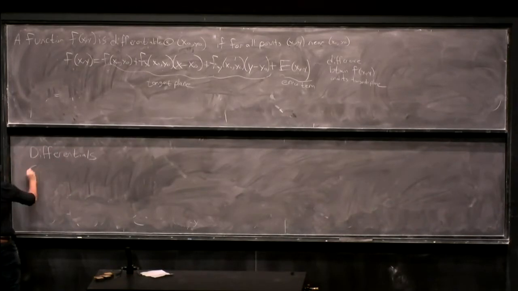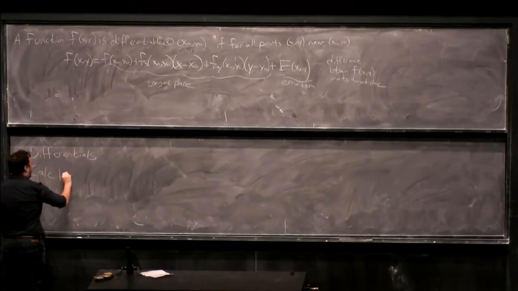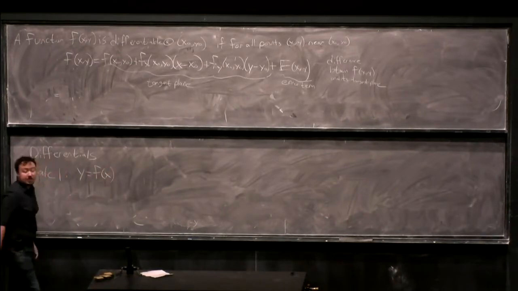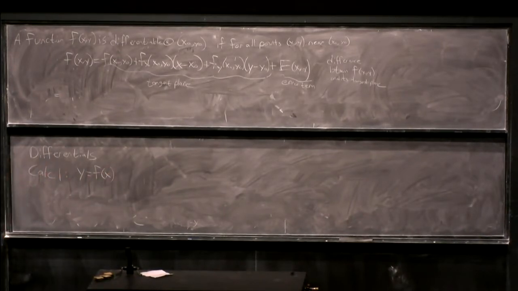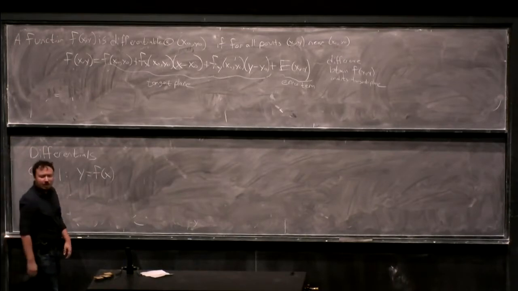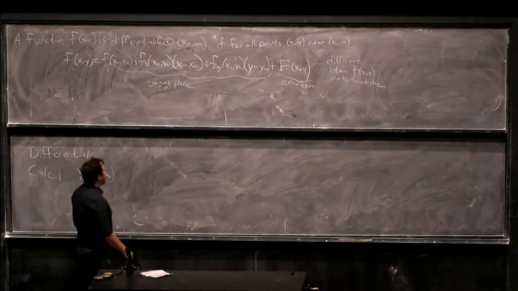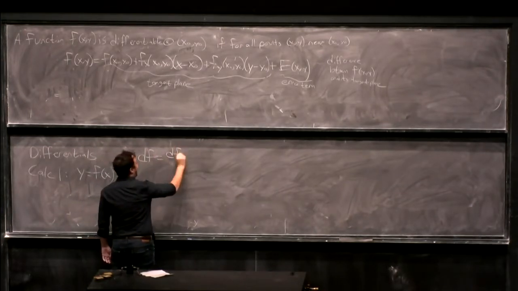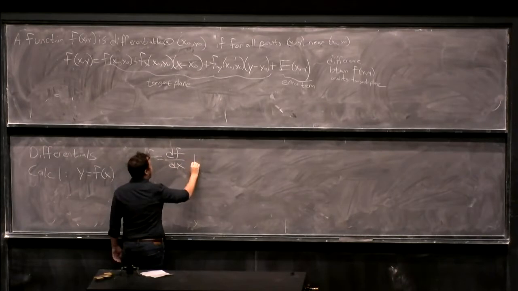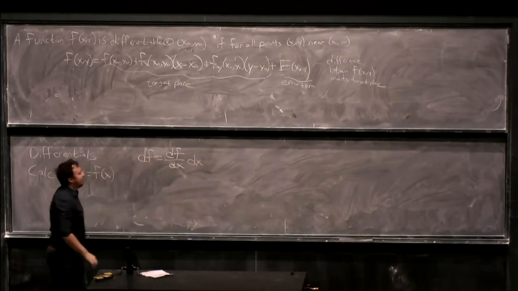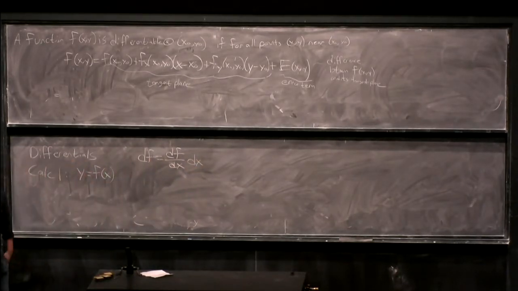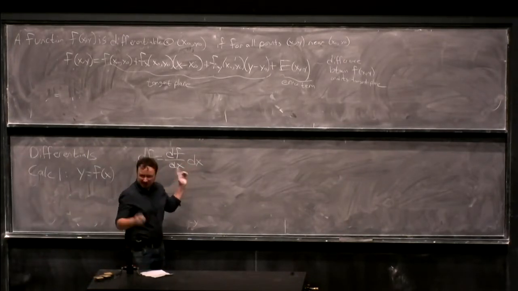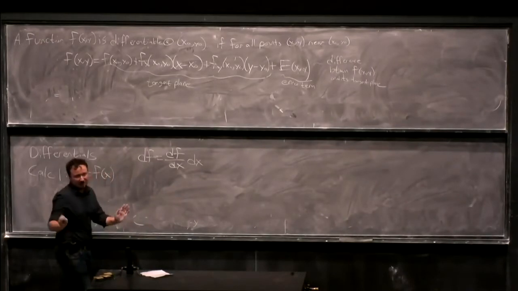So in Calc 1, if we had y is some function of x, and we could take the derivative of our f, then we would say that the differential df is the derivative of the function times dx. And that might seem kind of silly, because in Leibniz notation, these are fractions, so you just cancel them out and you get df. That's pretty clear.